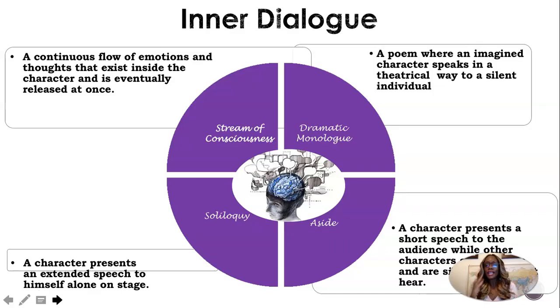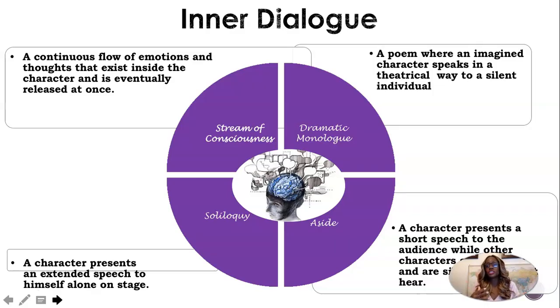That actually was a continuous flow of emotions and thoughts that exist inside of a character, released through a stream of consciousness. So we get to see or hear or observe what is going through the mind of a character.